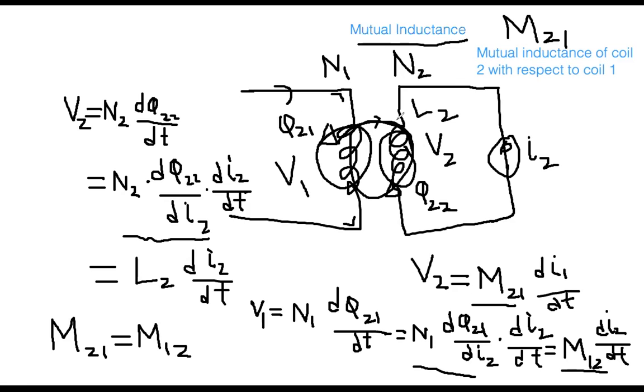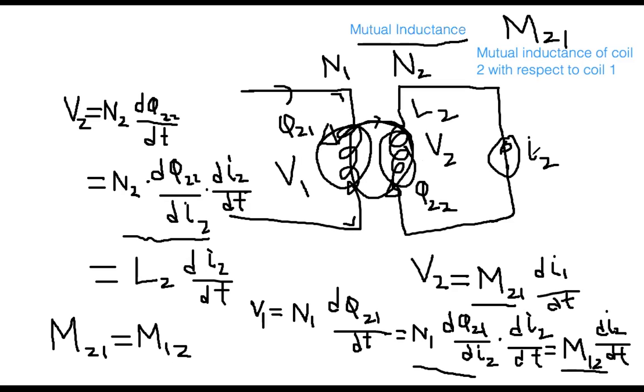So you look that when there is only one coil, or you are applying current only on one side of the coil, either this side or this side, then there is the self flux or self inductance, and then there is a common flux which is causing that mutual inductance. And that mutual inductance is responsible for producing voltage on the other side.